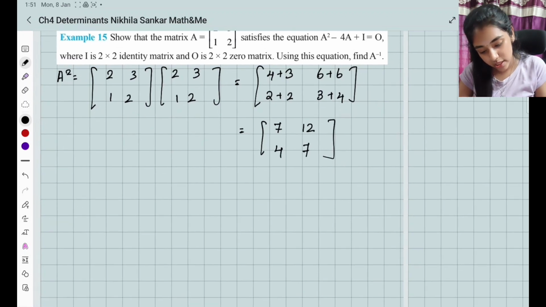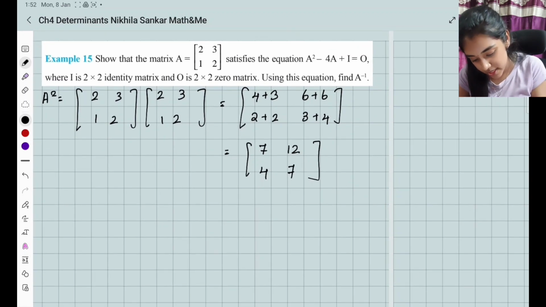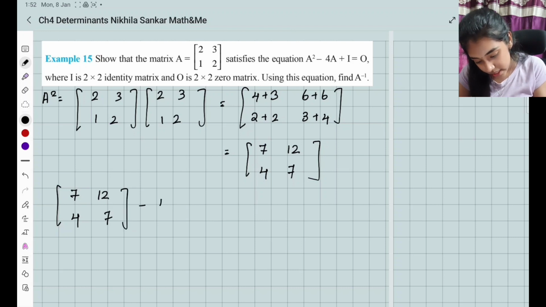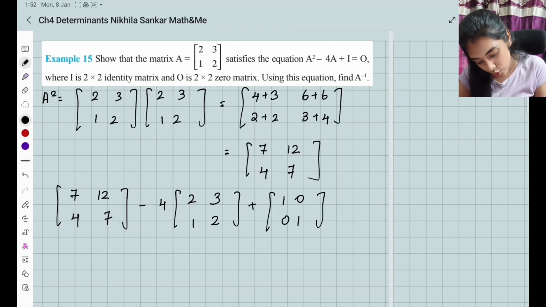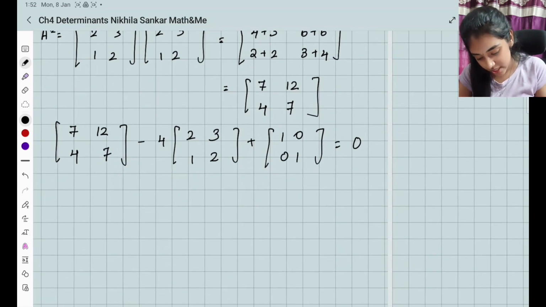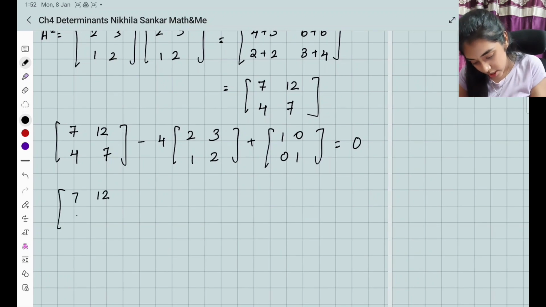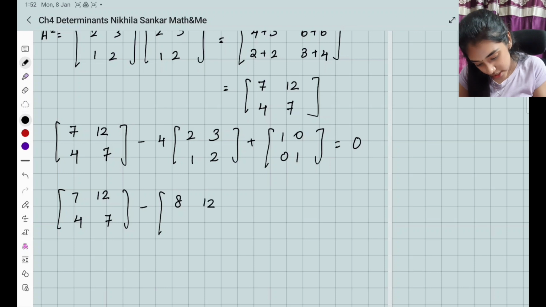So this is going to be 4 plus 3, 7, 12, 4, 7. So A square is found. Now A square minus 4A plus I. I have A square as 7, 12, 4, 7, minus 4 into A, which is 2, 3, 1, 2, plus I, which is 1, 0, 0, 1, equals 0 matrix, and we need to check. So I have 7, 12, 4, 7 minus 4 2s are 8, 4 3s are 12, 4 1s are 4, 4 2s are 8, plus 1, 0, 0, 1.